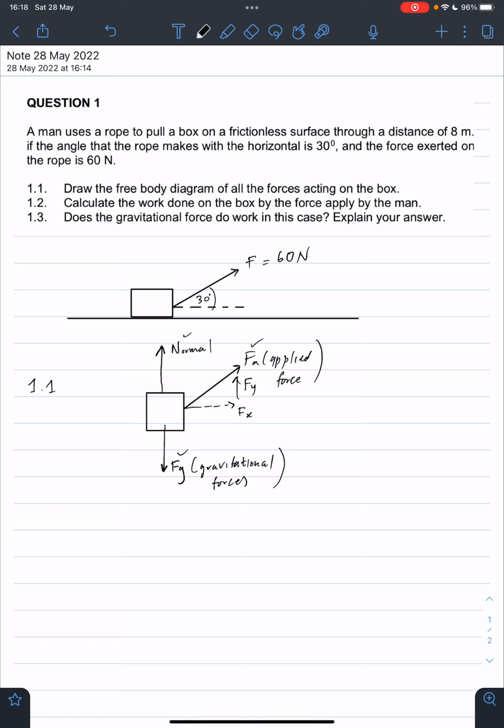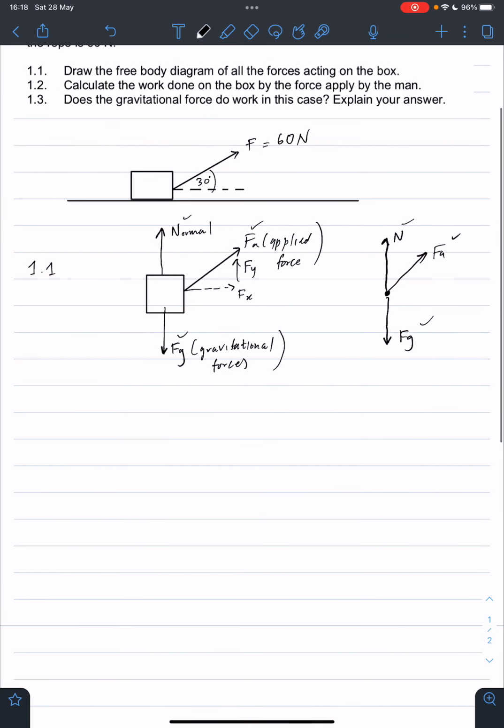When you have drawn your box and identified all your forces, you just replace your box with a dot and replicate all these forces. So you have your normal force, your Fg, and your Fa. Like this, you now have your 3 marks.